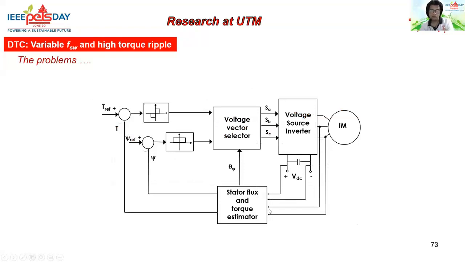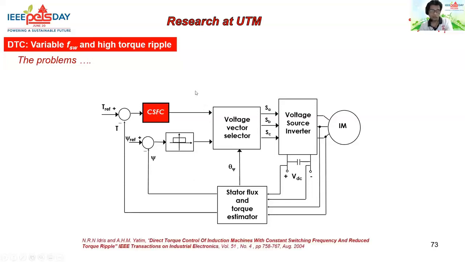Now, in order to overcome this problem, because the root cause comes from the hysteresis controller, what we do is replace it with what we call the constant switching frequency controller, and we managed to publish this in the IEEE Transactions on Industrial Electronics.